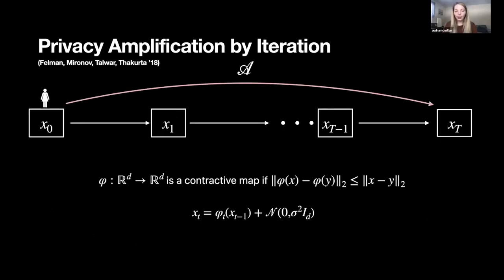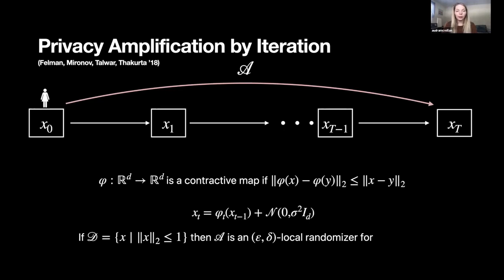A contractive map is just a map that reduces distances, so you might also know it as a 1-Lipschitz map. At every step, Alice's data is fed into a contractive mapping, and then Gaussian noise is added to it. The question is, after it's gone through T steps of this process, how much more private is it? This seems quite niche, but we're going to see this is the type of post-processing that happens in stochastic gradient descent.